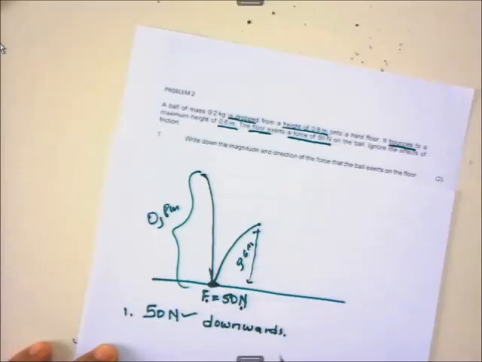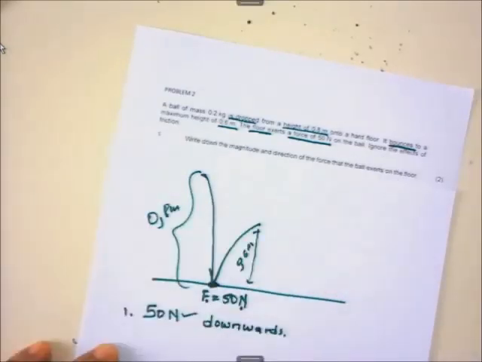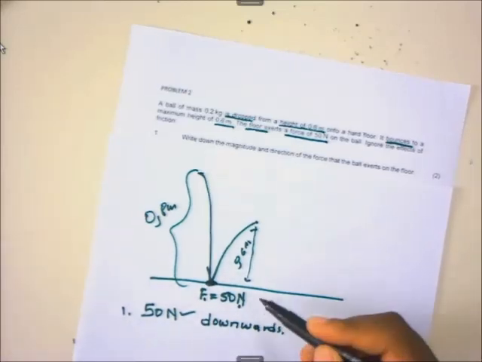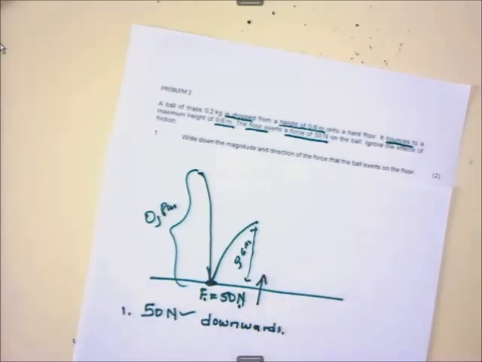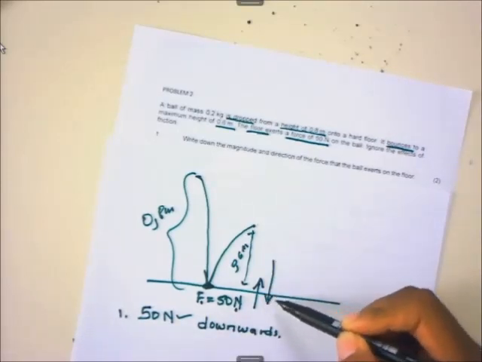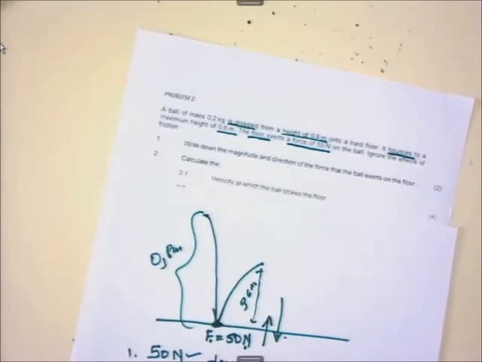So if the floor exerts the force on the ball, then the ball also exerts the force on the floor. It will be the same, because the only difference will be in opposite direction. So the floor exerts the force in an upward direction, and the ball exerts the force in a downward direction, but that force is the same. Let's move on to the next question.